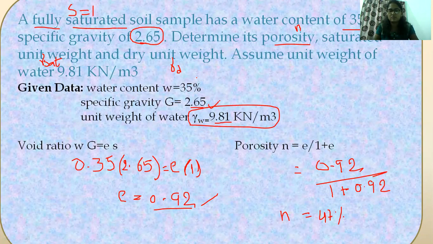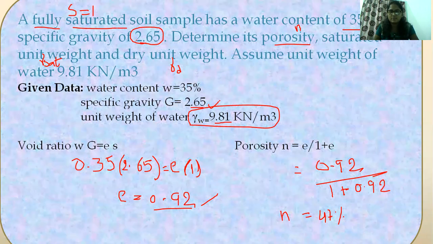First read out the problem, that is saturation condition or fully saturation condition, water, any condition will be included in the problem or not, and what are the elements included in the given problem. So here water content is given. What is the expression of water content? The item is W, and specific gravity.